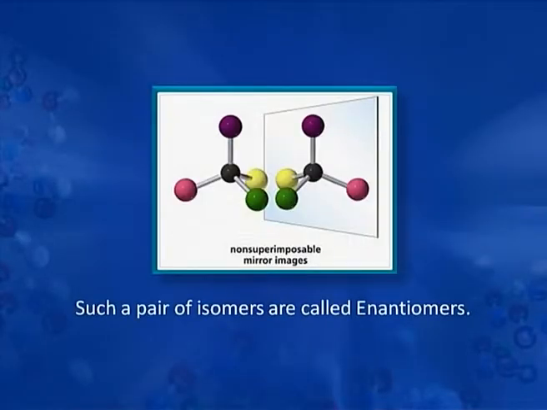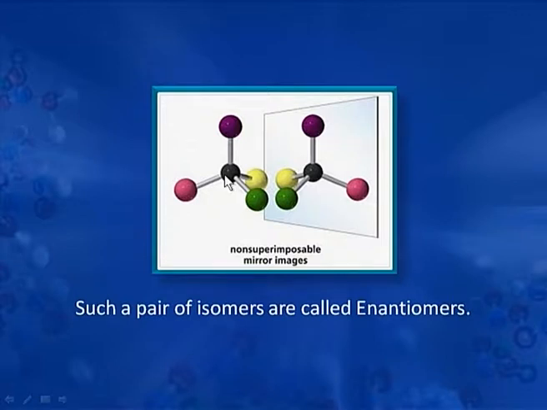In our last session, we had discussed compounds which contain a chiral center. This is a molecule that you are looking at. This is a carbon with 4 different groups attached to it, and its mirror image is non-superimposable on it.